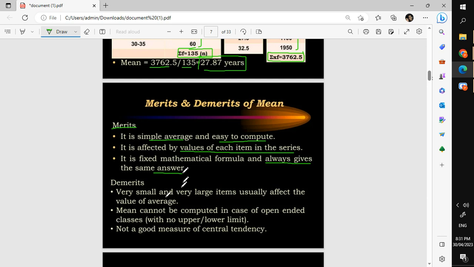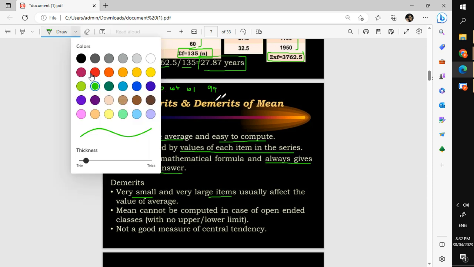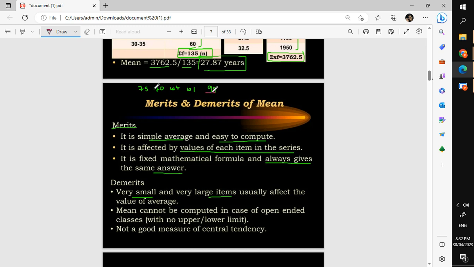On the other hand, the mean has very small and very large items which usually affect the value of the average. Say for example, your data here is kani ang grades imong mga bata: 75, 70, 65, 61, and 99. If you are to compare this one, 99 here is much higher compared to the other data. So pag compute nimo ana ng mean mo, dako pod ang value niya.